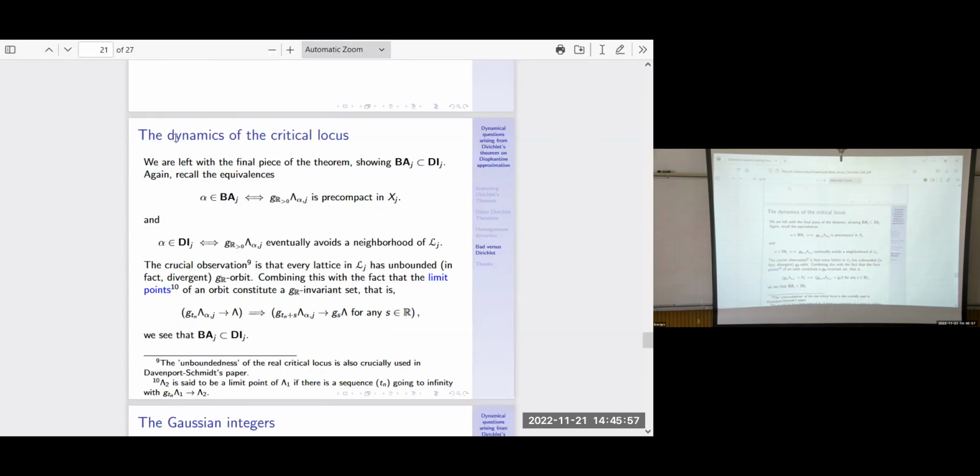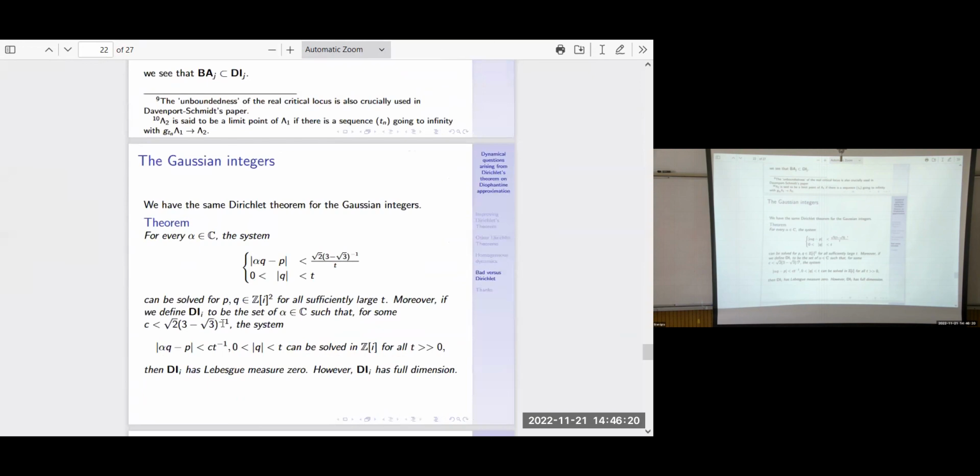Anything in the critical locus has an unbounded orbit, so it will pull it out. So it can't happen. We don't need divergent, just unbounded will do. So BA is contained in DI. So we did as much work as Davenport-Schmidt.